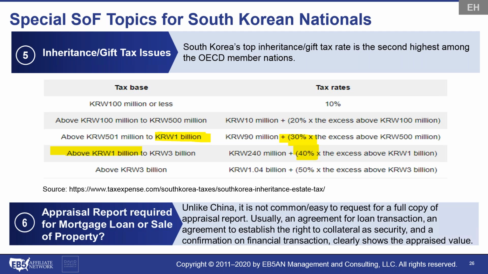Korea also has property tax documentation, which shows the appraised value. With those documents, I've never received an RFE requesting the full appraisal report booklet like we do in China. So I just wanted to highlight that for those who have never filed EB-5 for Koreans.